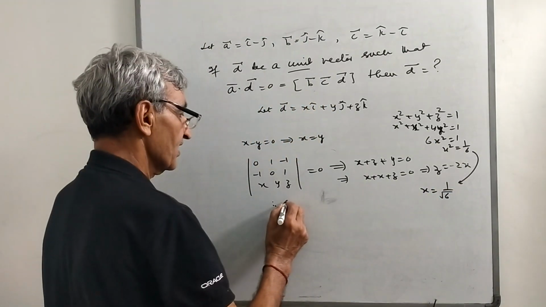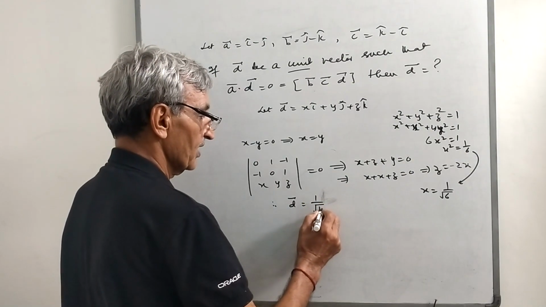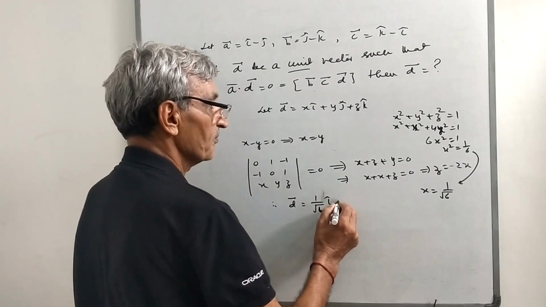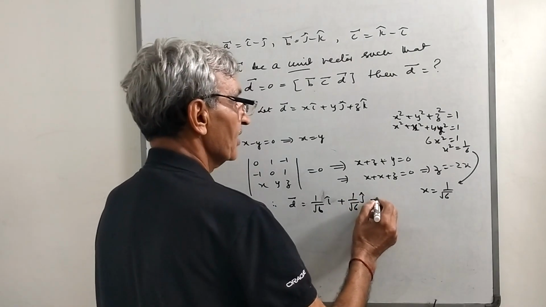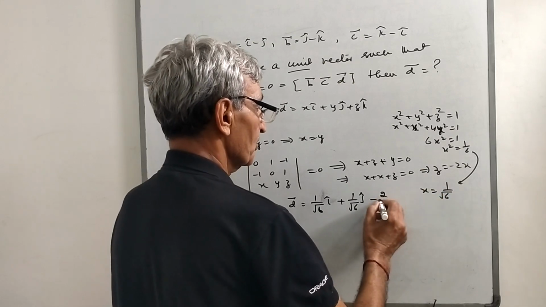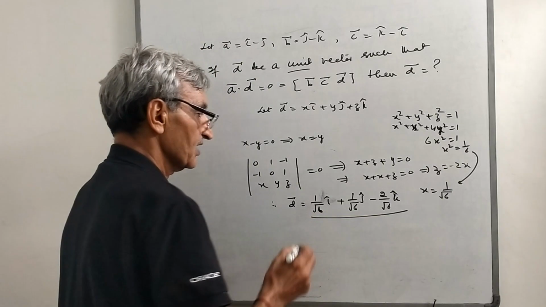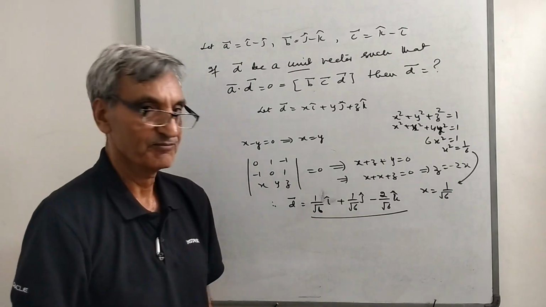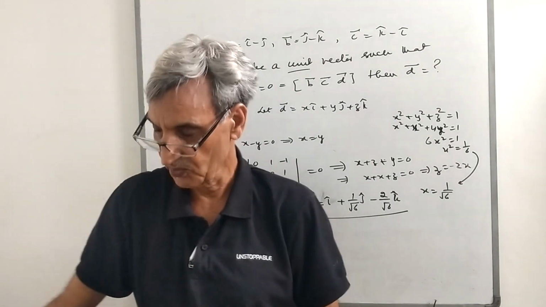Therefore the D vector is equal to 1 over root 6 into i plus 1 over root 6 into j, and z is minus 2x. This is my answer. 6 can be taken common here. Two conditions were given, we took x, y, z for D, and we have the answer.